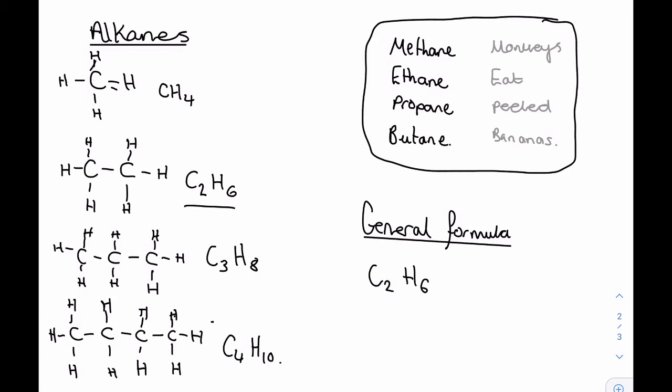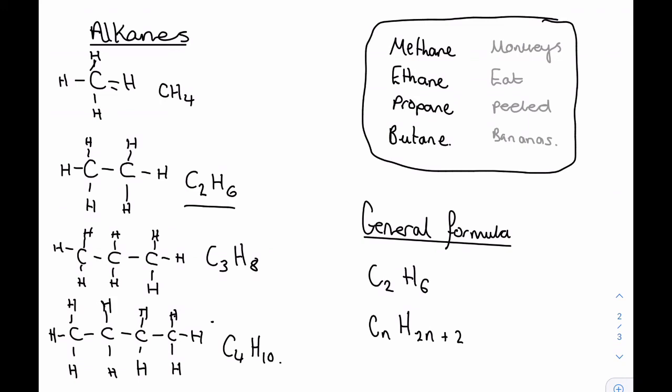C2H6. Now the general formula is when you put n's in place, so then you can multiply it by the number of carbons. So I'm going to just change that to Cn. Okay? H. Now, what's the relationship between these two? Well, if I was to double 2, I'd get to 4. So you could do H2n plus 2 to get it to 6.